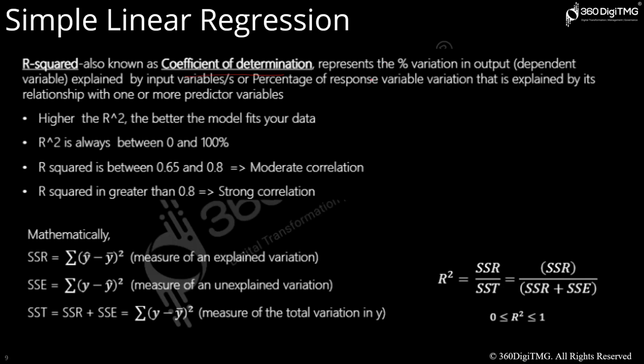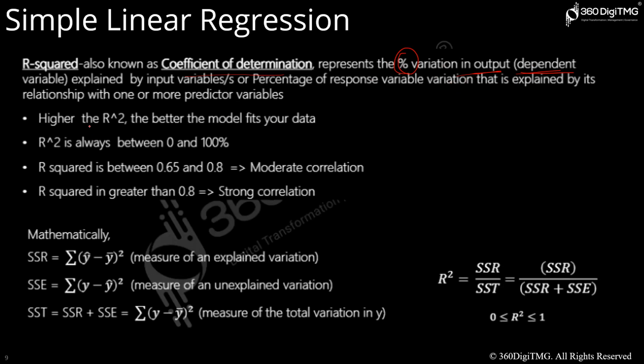It represents the percent variation in output, that is nothing but the dependent variable, explained by input variables, or the percentage of response variable variation that is explained by its relationship with one or more predictor variables.